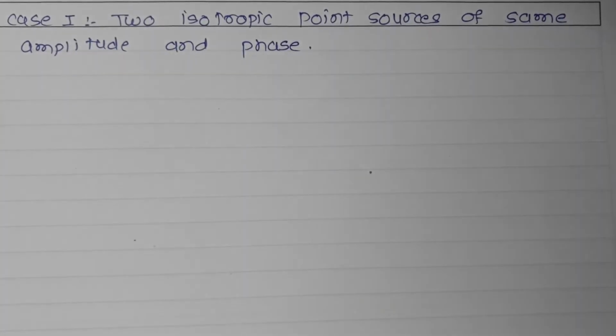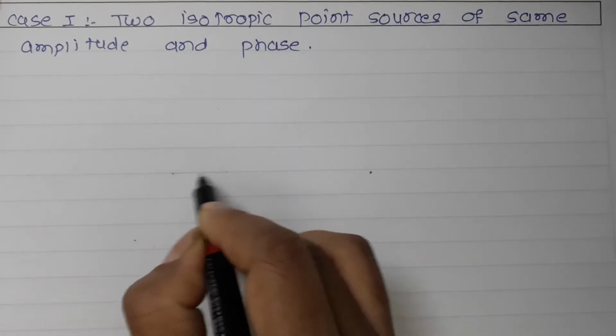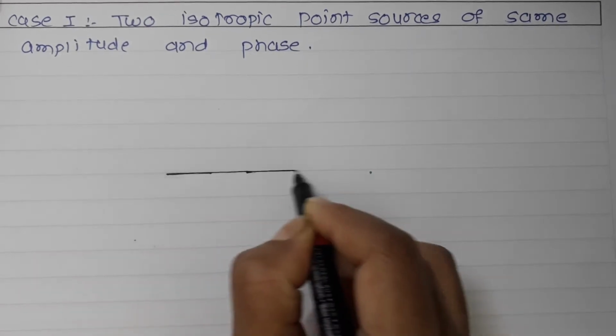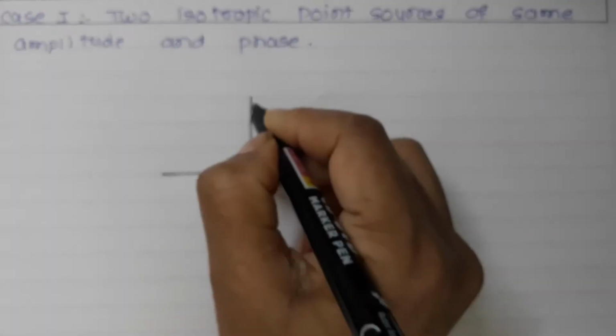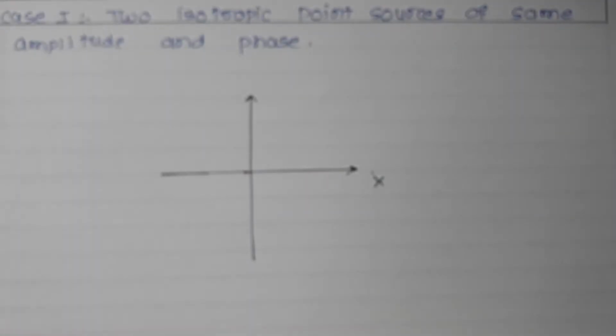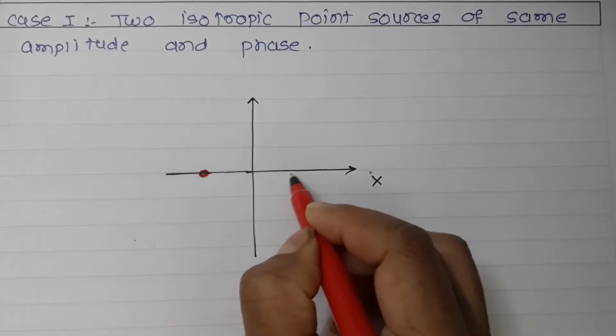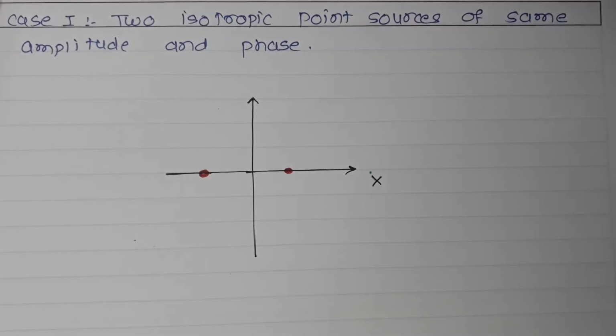Now here we are going to talk about the two element array. So we are assuming that whatever array we are using here is nothing but the two element array, and this is the x-axis, let us say this is the y-axis, and whatever elements you are placing are along the x-axis.